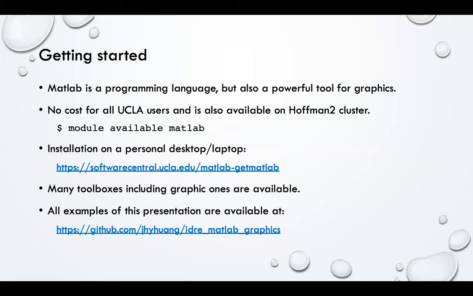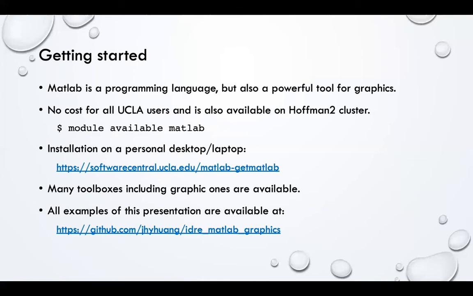Matlab is no cost for all UCL users, and it's also available on the Hopin2 cluster. Once you log into Hopin2, you can just type module available Matlab, and you can see many different versions of Matlab. I think the latest one is 2020 alpha. You can launch it interactively by QRSH or just submit your job, the Matlab file.